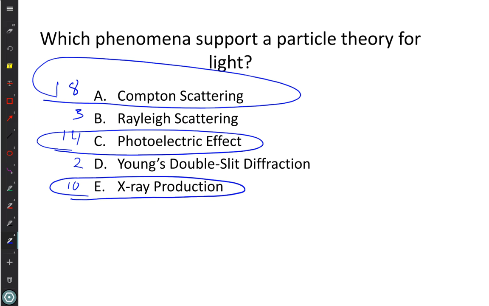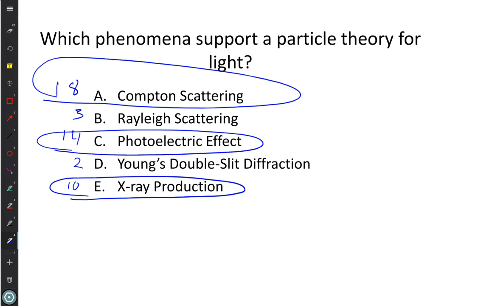The diffraction was you had the light going through two slits and then interfering. If it's a particle, the particle can't go through both slits at the same time. It's got to go through one or the other. Can't interfere with itself. I mean, sure, it could hit and bounce off, but you can't have regions where two particles come and add up to zero particles. Right? That doesn't work with the particle nature. It only works with the wave nature.